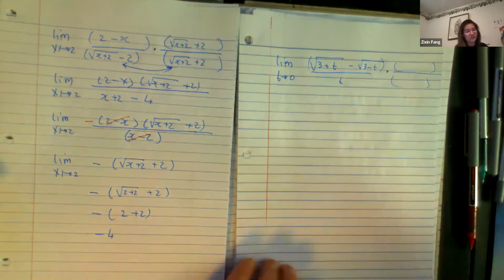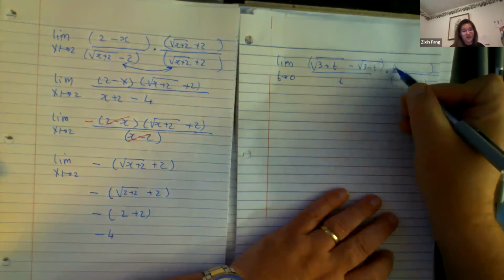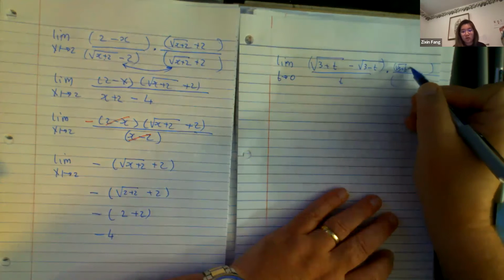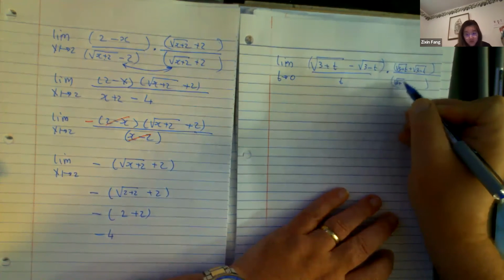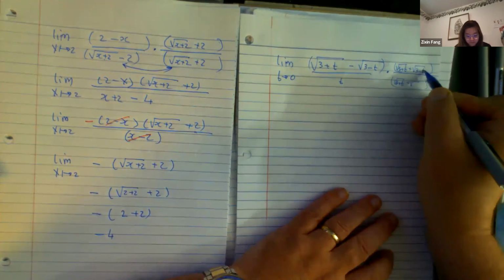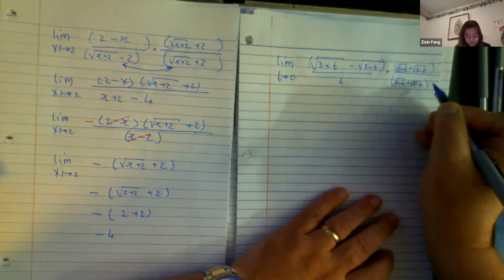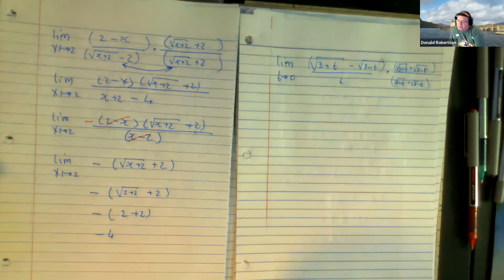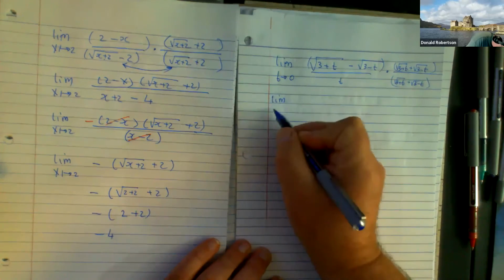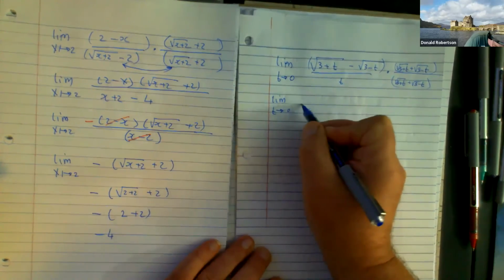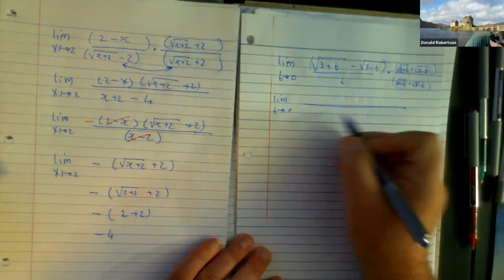Plus, at the back, plus square root of 3 minus t. Yeah. Are we good with that? Same two guys, but a plus. Now, I won't do anything to the two terms on the bottom.